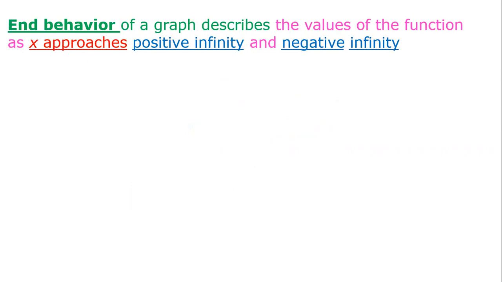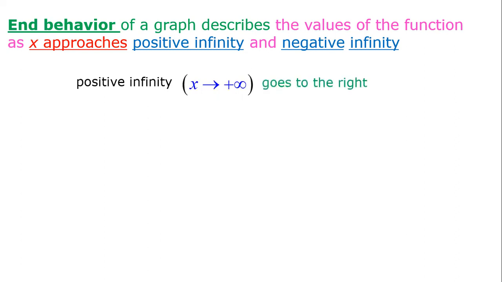Otherwise, you're here. Okay. So, end behavior of a graph describes the values of the function as x approaches infinity and negative infinity. So basically what we're saying is that positive infinity, we write it as x goes to plus infinity. And that means that we're writing it as it goes to the right.